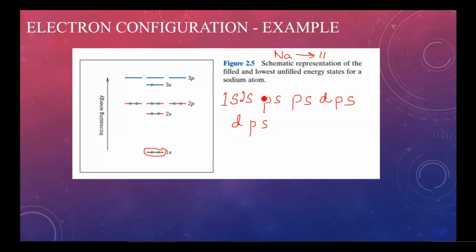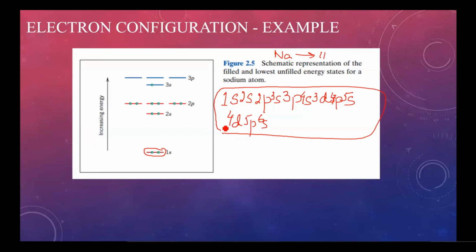Then you'll have 2s and 2p, then 3s, 3p, 4s, 3d, 4p, 5s, 4d, 5p, 6s. All right, so you'll have this sort of electronic configuration available to you.